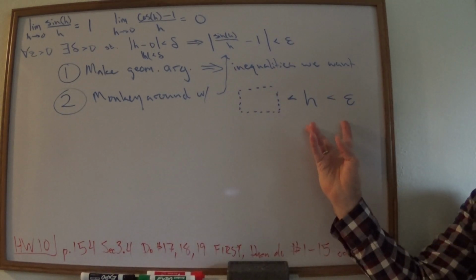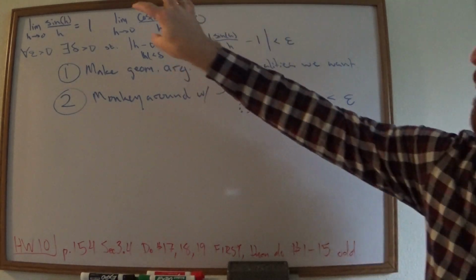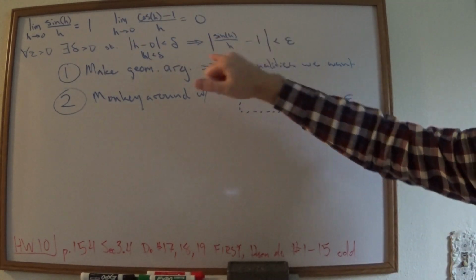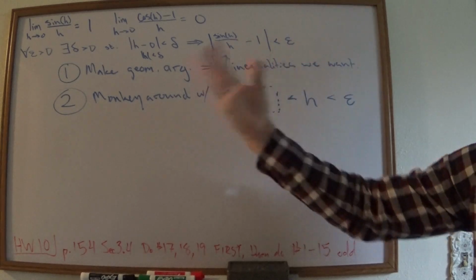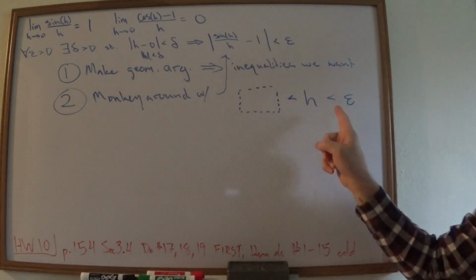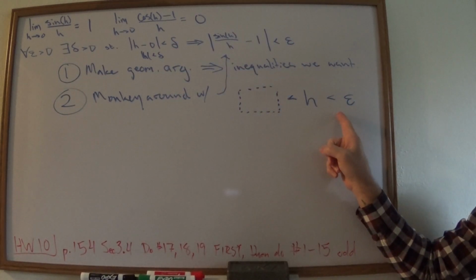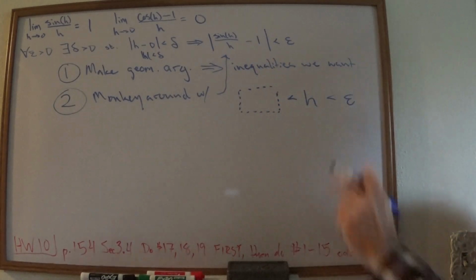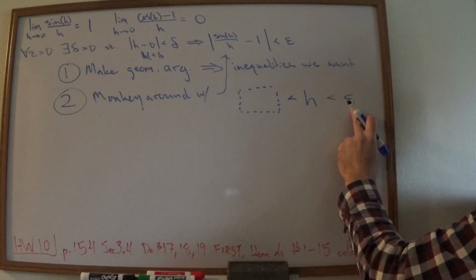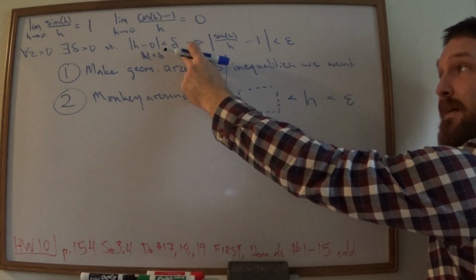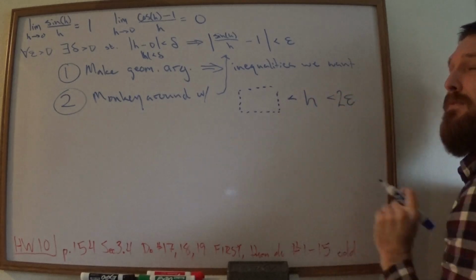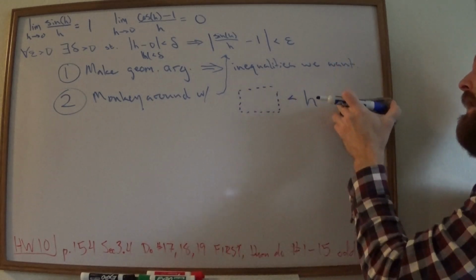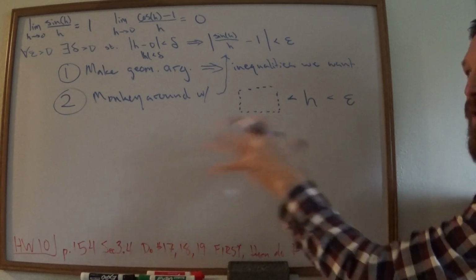We're trying to prove if this, then that. We don't know what delta is, but we have to discover what delta will give us this. So we monkey around with this until we get something like this, and then say whenever h is less than epsilon, that would serve as our delta. It's actually going to end up being 2 epsilon, but that's the idea behind what we're going to do here.